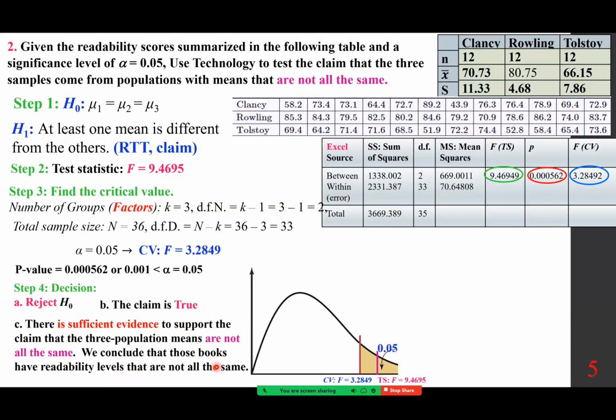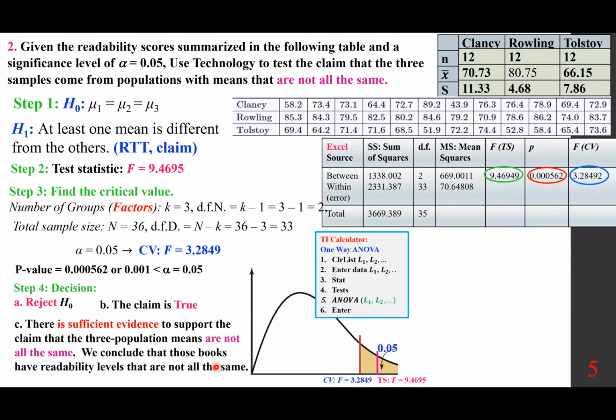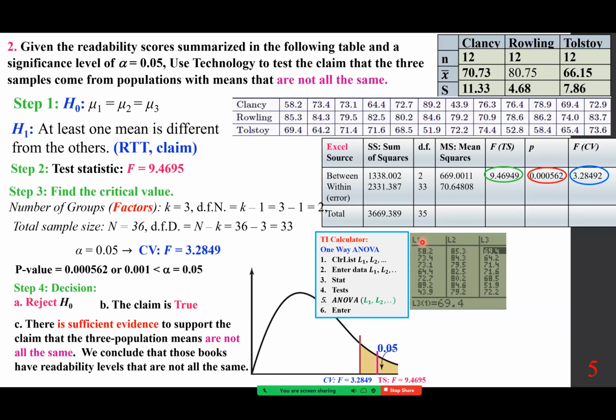Now, what about technology as far as TI is concerned? So you clear lists L1, L2, L3, and in L1 you put the information from Clancy. In L2 you put Rowling, and in L3 you put Tolstoy.